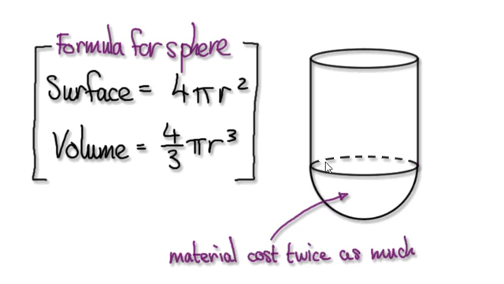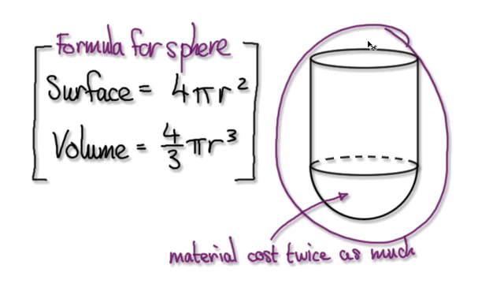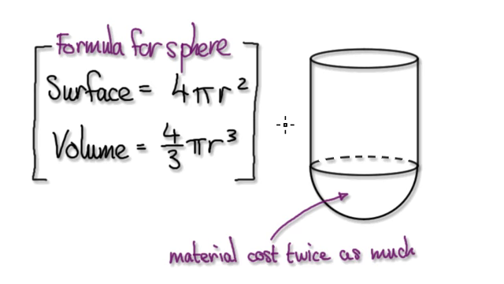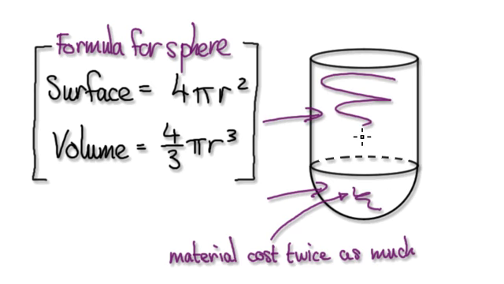Okay, so let's just say the surface area of this container represents the material needed to make this container. But the thing is, this dome part here is a lot harder to make. So the material needed for this dome part costs twice as much as the material needed to make this cylinder.